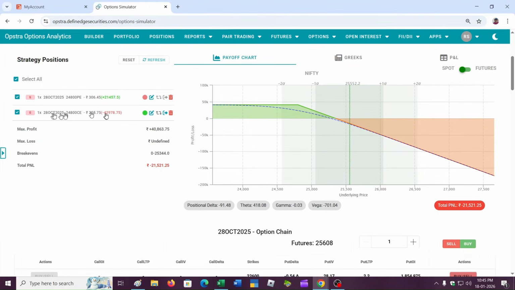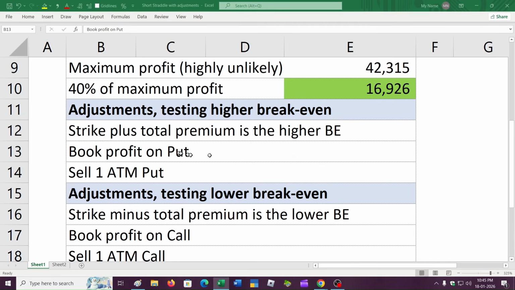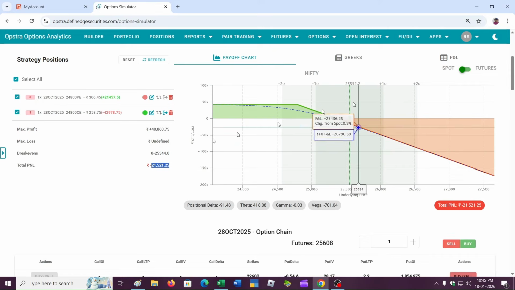We only have one position open right now. We are seeing a loss of 21,000 instead of the 17,000 profit which we wanted.